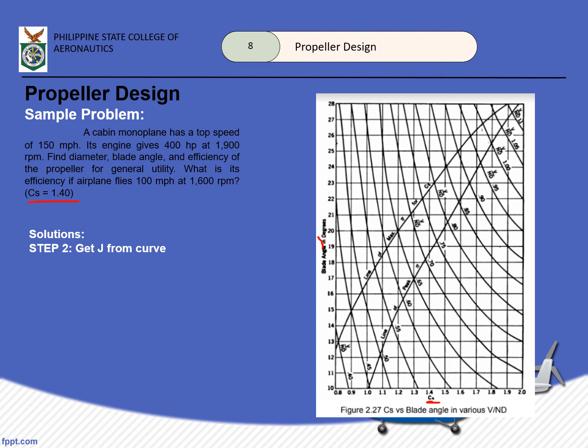Start natin dito sa CS na 1.4 natin. Tapos mag-meet sila nung 19 around here. Yeah, around here. That is pretty much middle ng 0.70 and 0.75. So, we can say na ang ating advance ratio is 0.725.